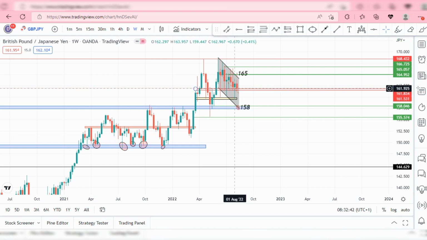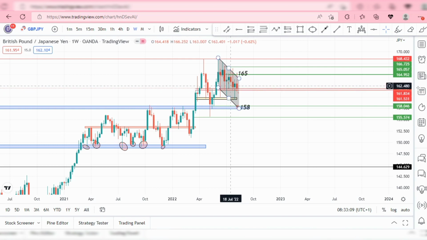What would happen if, on the weekly time frame, price breaks and closes below this 162 area? Most likely price will continue all the way down. Because as you can see from the previous weeks, about 7 weeks, price tried to break below the 162 area but couldn't, and you can see all the long wicks forming there.